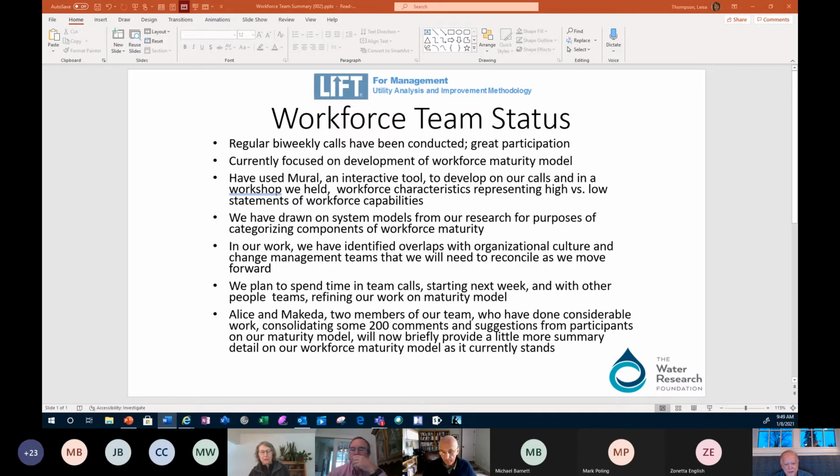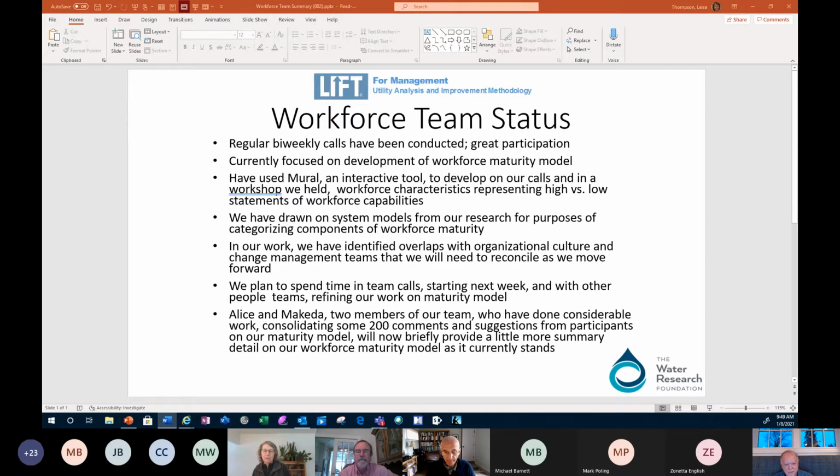And as Mark pointed out, we're seeing that there are parts that make up this whole of our workplace. And so those are showing up as interconnections and overlaps between the work culture and the change management. And as Mark pointed out, that's a good thing. We have to be conscious of where things connect because they do make up the whole of our organization.